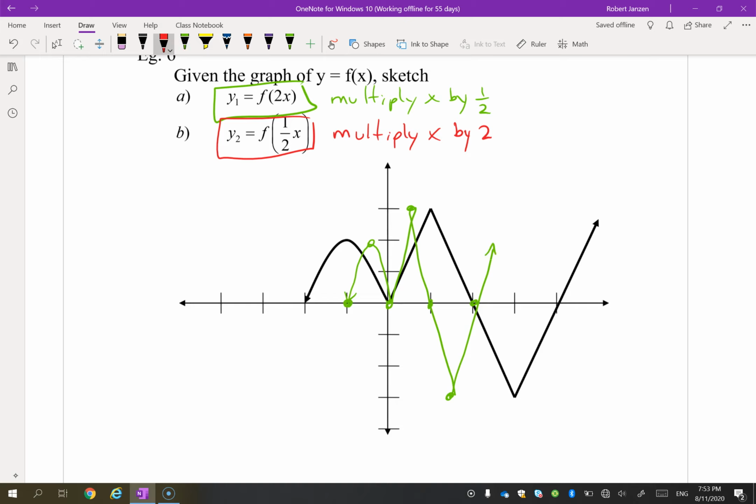Okay, and if I want to do multiply by 2, this would be like so. That one goes there, there, here, and here.